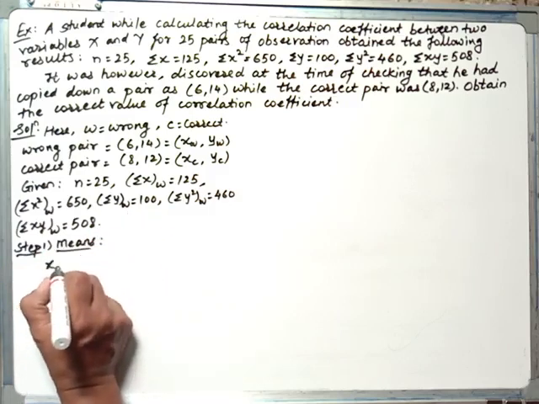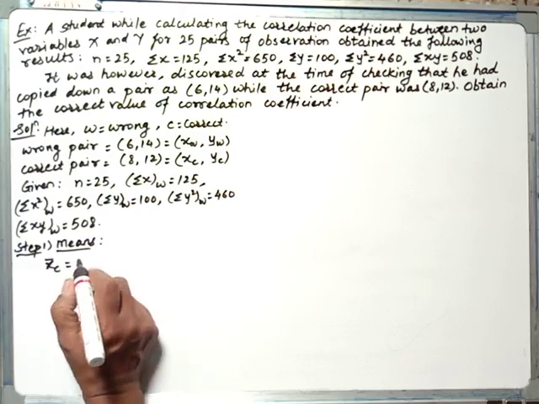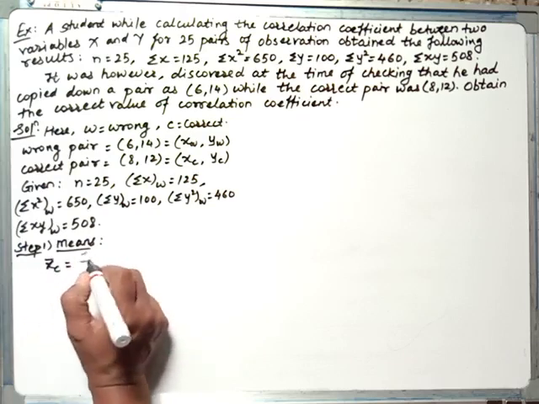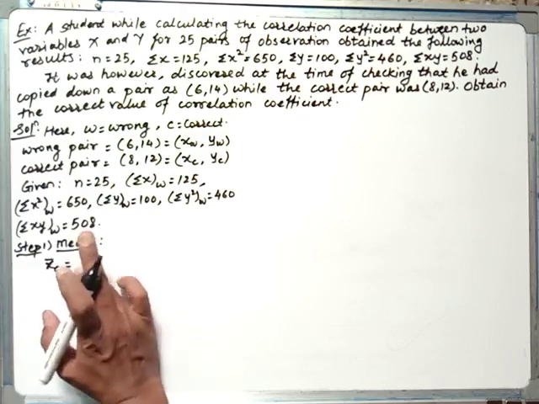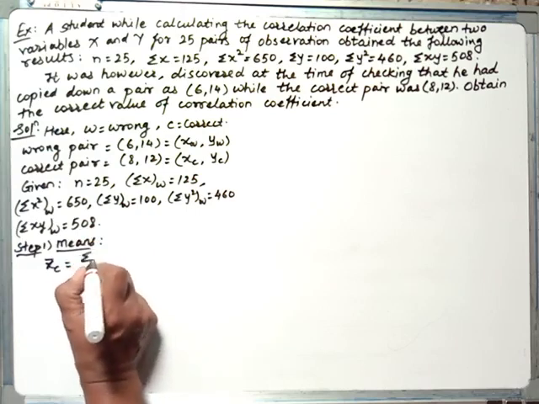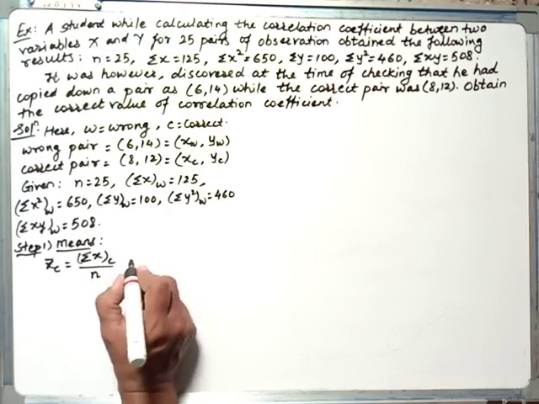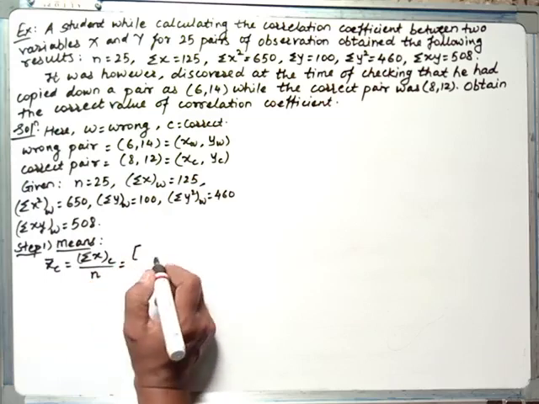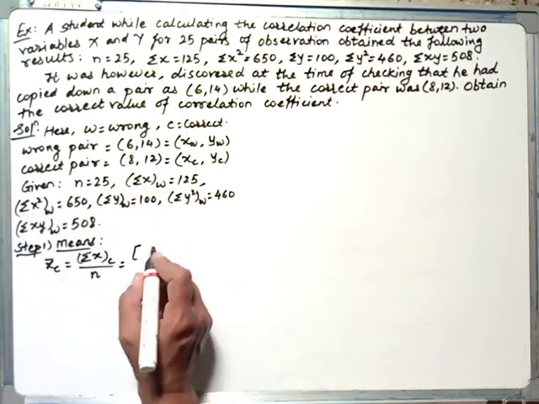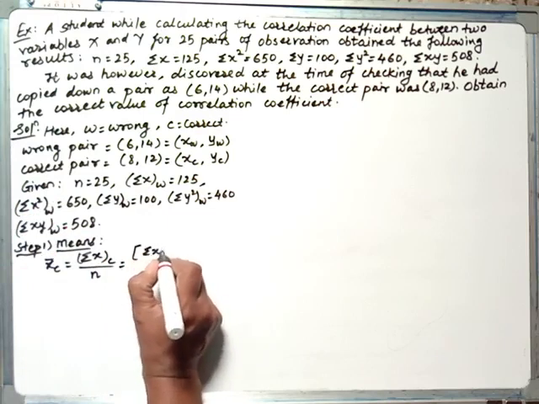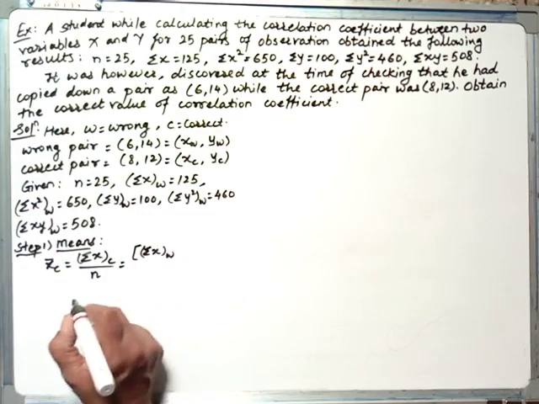So let me write xc bar, the correct mean. It will be summation x, the correct one, upon n. How do we obtain the correct sum? Let me use this wrong sum, summation x wrong one.